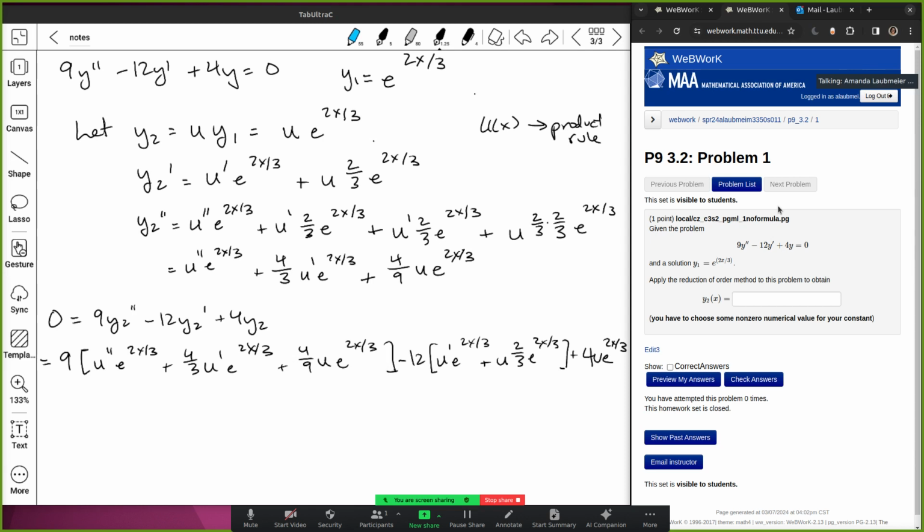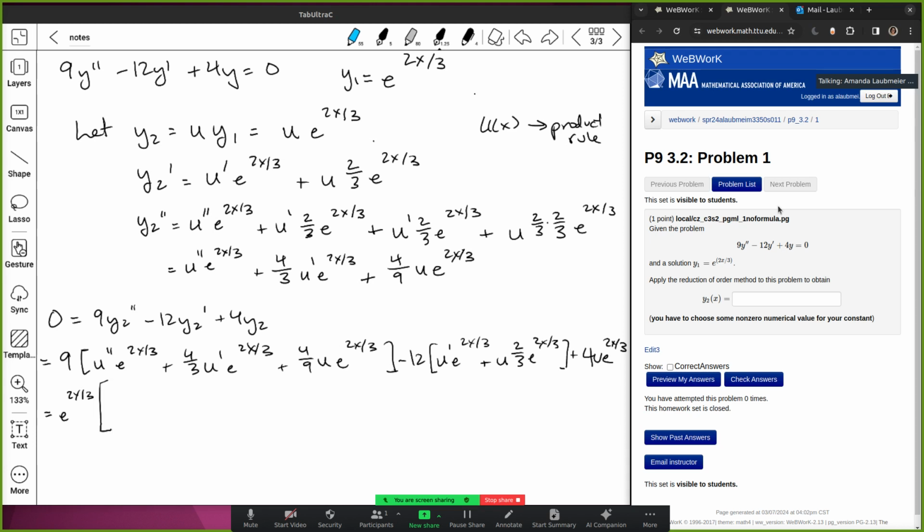And it's just going to be a little bit of algebra to start simplifying this. So we're going to have e to 2x over 3 in every term, so I'm going to pull it out to give myself a bit more room to write.